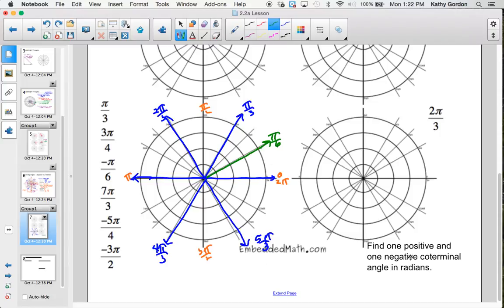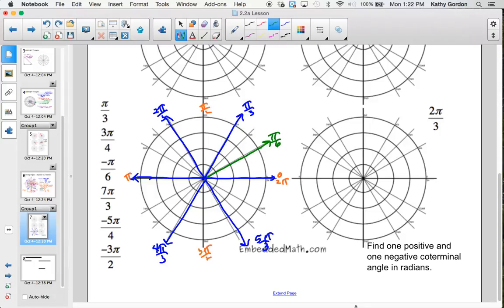So there's 1 pi over 6. There's 2 pi over 6. What does that reduce to? Pi over 3. Got it. How many? 1, 2, 3 pi over 6, which reduces to pi over 2.